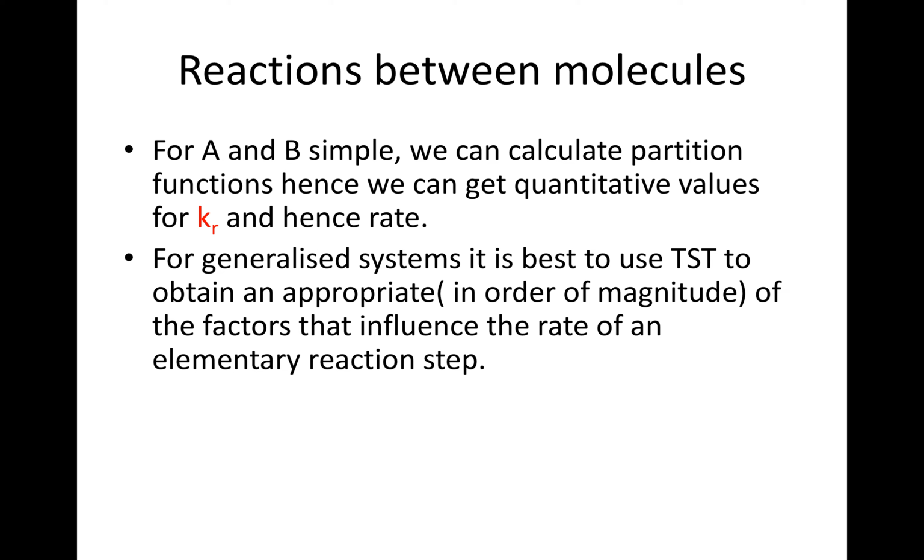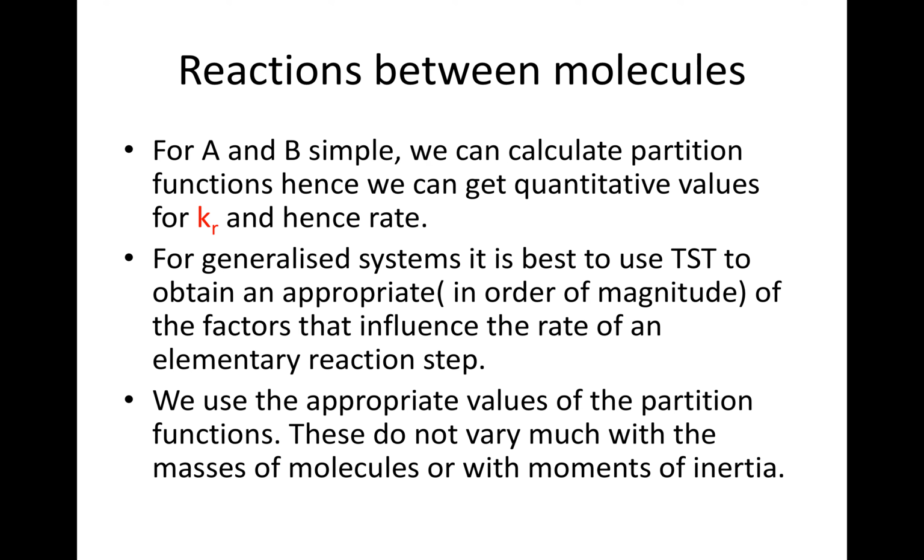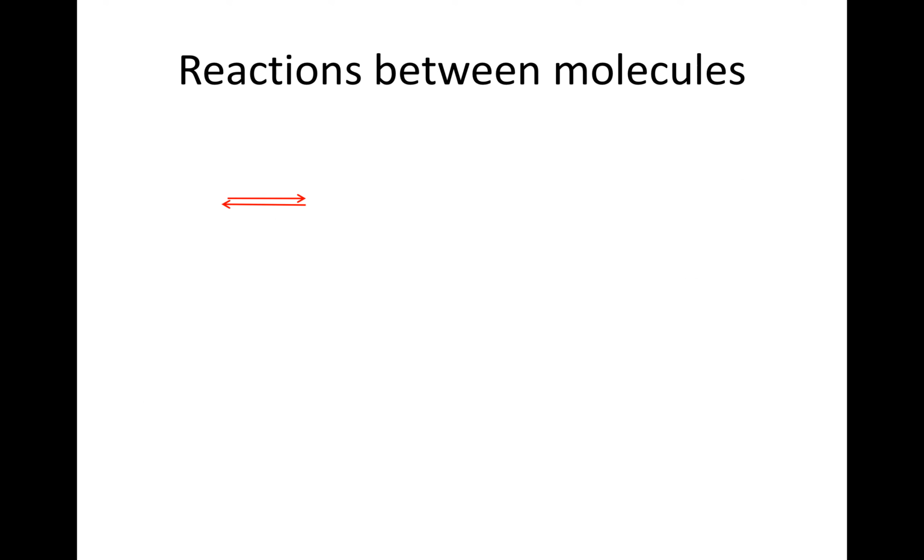For generalized systems, it is best to use transition state theory to obtain, in order of magnitude, an appropriate estimate of factors that influence the rate of an elementary reaction. We use the appropriate values of partition functions. These do not vary much with the masses of molecules or with moments of inertia.